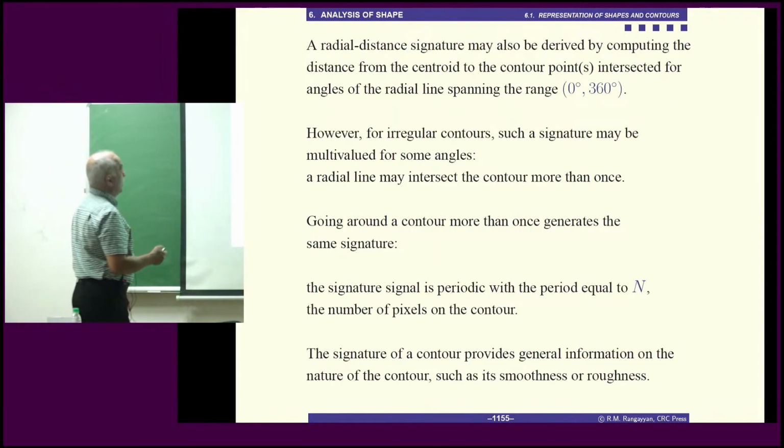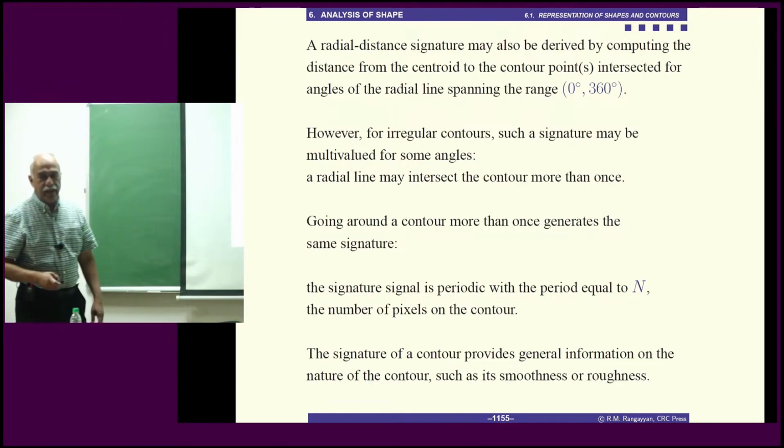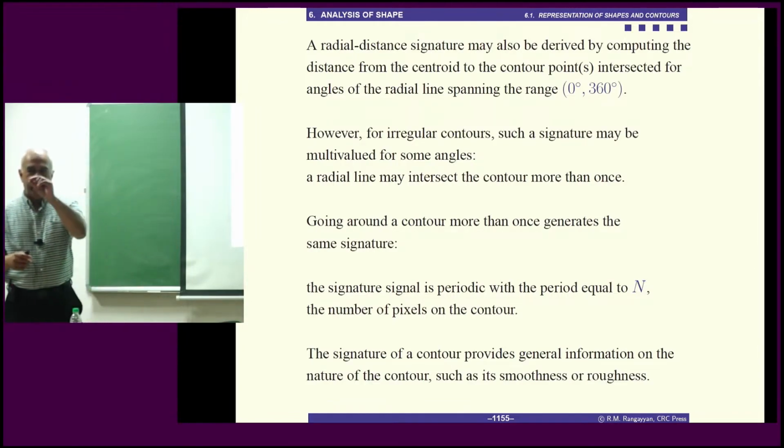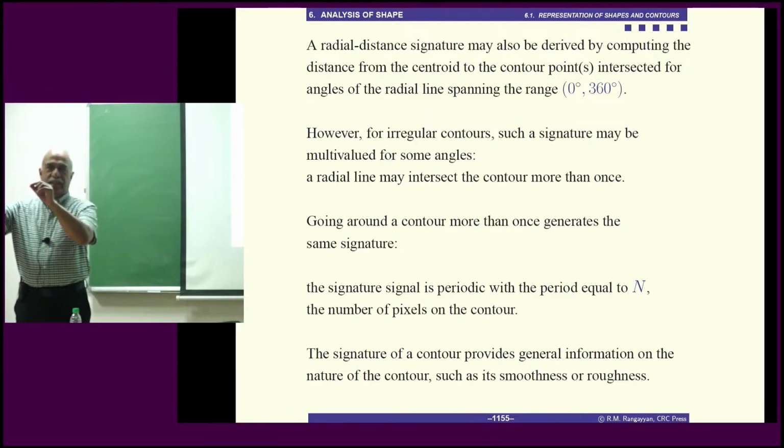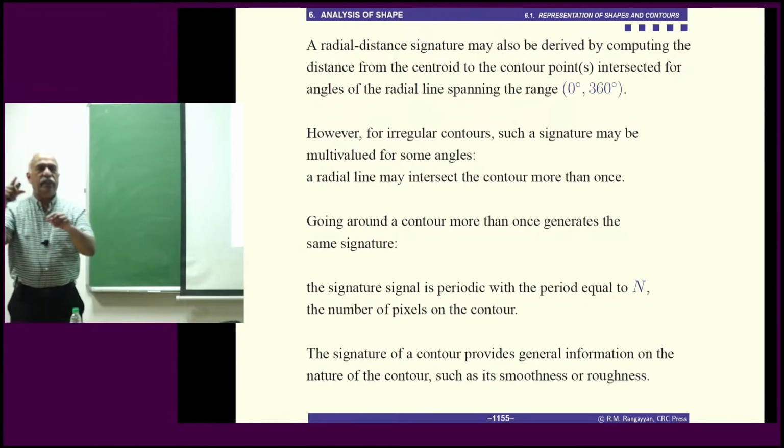You can also define a radial distance signature by drawing from the centroid a line and find where that line intersects the contour and get that distance, and go 0 to 360 degrees and then plot that distance.